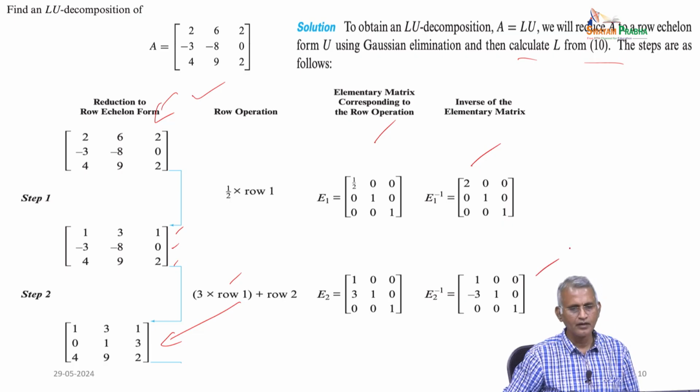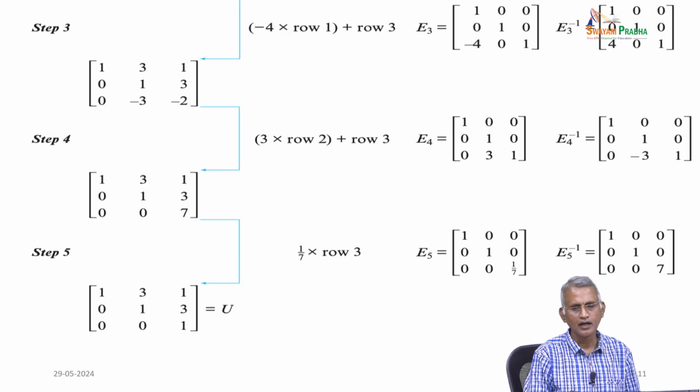Then in step 3, we use minus 4 times row 1 plus row 3, so we can use E3 like this, and then calculate E3 inverse. In step 4, you have to do 3 times row 2 plus row 3, and the corresponding E4 is 1 0 0, 0 1 0, 0 3 1, and you have to calculate the E4 inverse.